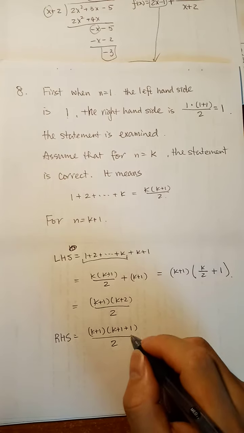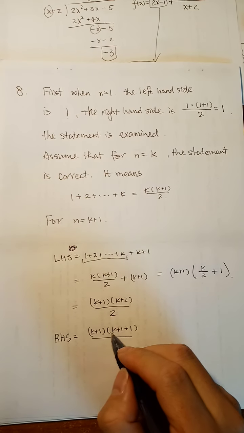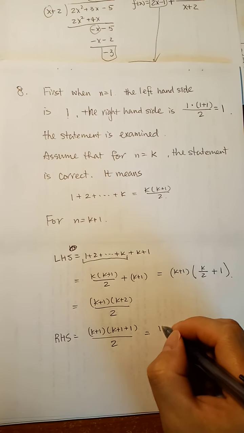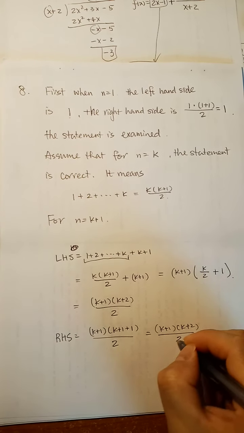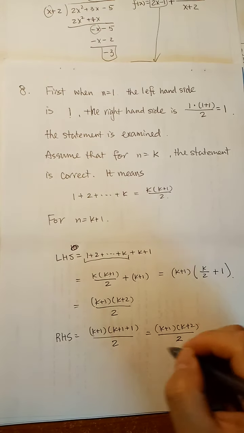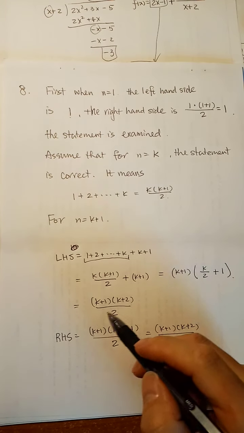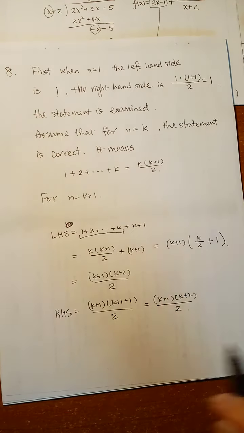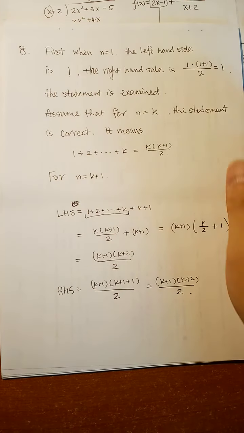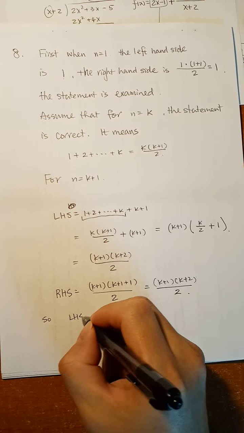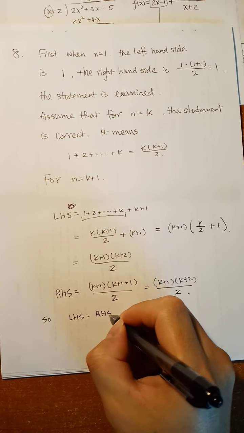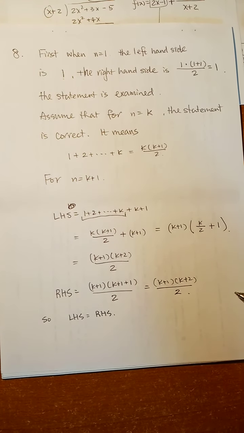It's your expectation. n is k plus 1, n plus 1 is k plus 2, over 2. Right? This is your expectation. Your sum is equal to the expectation. So left-hand side is equal to right-hand side.